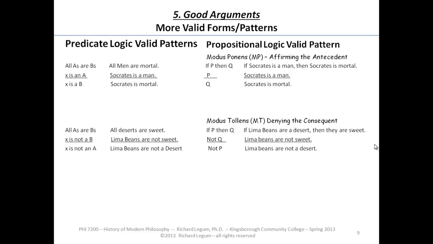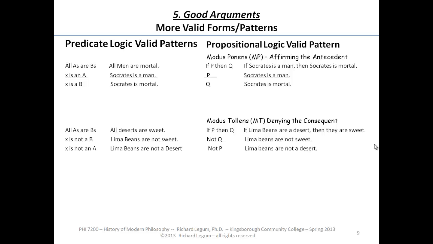But the idea is left to right, where you start writing, to where you end the sentence. Now we're going in the not direction, the other direction. If P then Q, not the second one, therefore we can infer not P. Same thing with all A's are B's. X is not a B. It's a not, so we're going in the negative direction. Therefore, X is not an A.